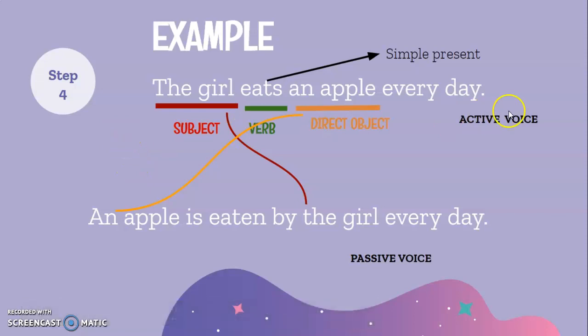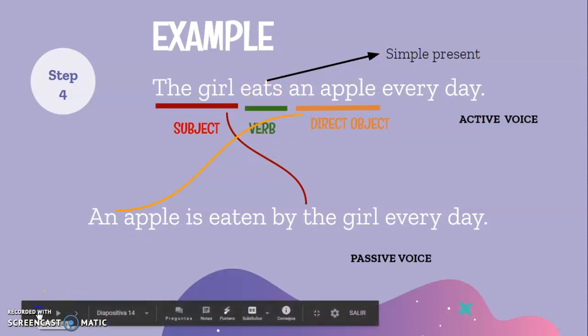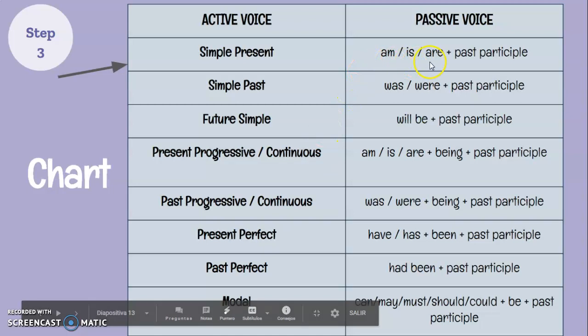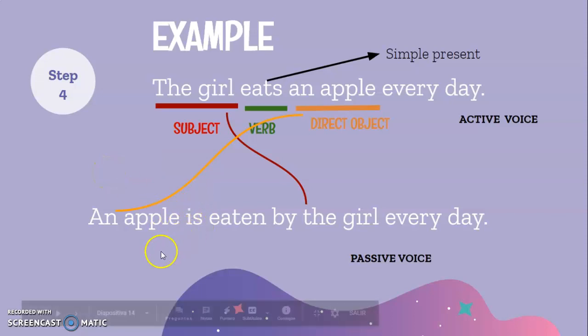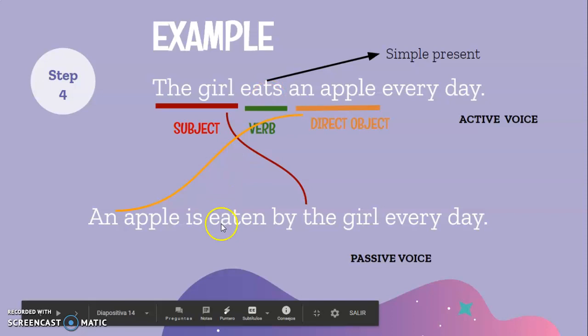So, this is the original sentence that you had. The girl eats an apple every day. I would change it. In passive voice, the first thing that we change is the direct object to the beginning of the sentence. So, I would start with an apple. Then, my verb. My verb is eats, but because it is in simple present, I have to change it to am, is, are, plus past participle. Because it is an apple and it's only one, I would put is. And then the past participle of eat is eaten.